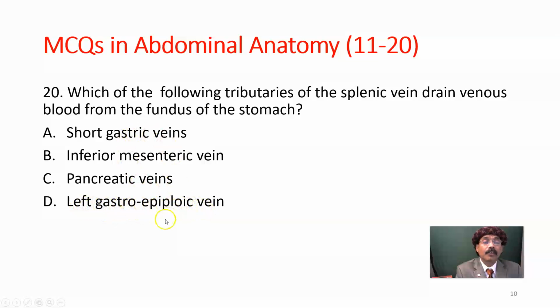What is the answer? Tributaries of the splenic vein that drain blood from the fundus of the stomach. Answer should be short gastric veins. That is associated with the fundus.